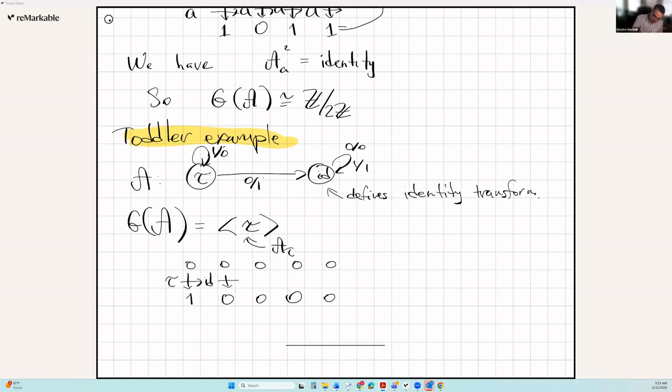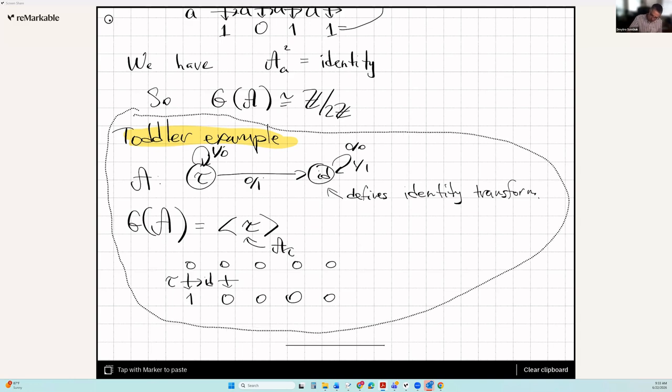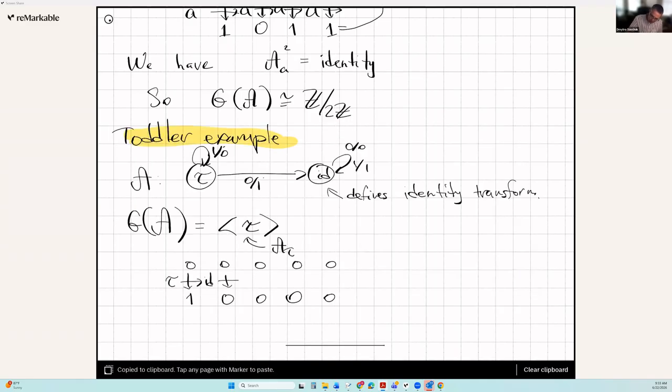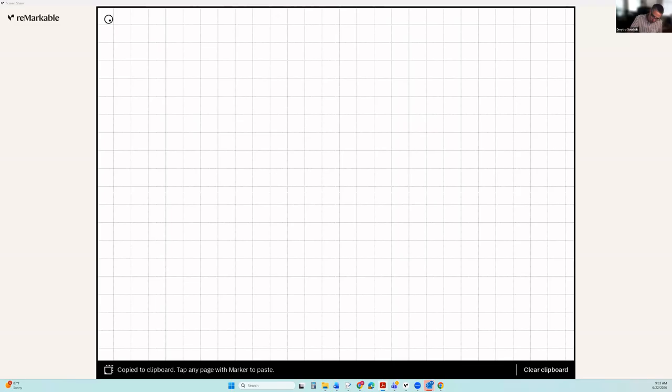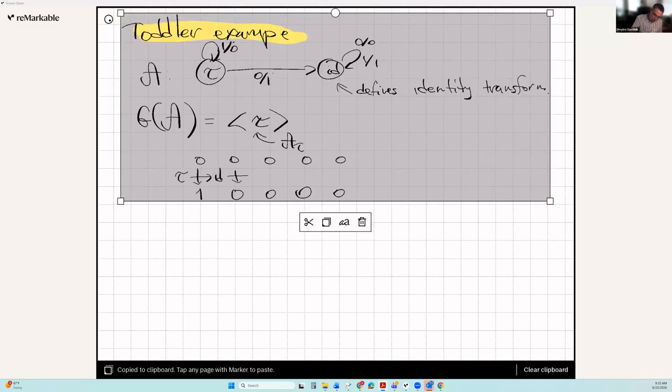Let me move this example maybe to the next page, so that's going to be a little bit easier. Sorry for being a little bit over time, but I will be done quite fast. Okay, so copy, and then just paste it here.